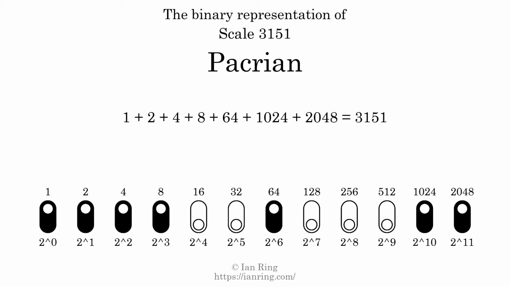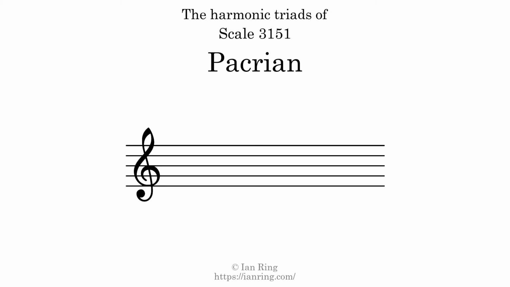That is why the scale number, in decimal, is 3151. The scale number not only enumerates the scale with a unique index, but it also literally describes the tonal content of the scale. Represented as a binary number in base 2, the scale number is 11001001001111.